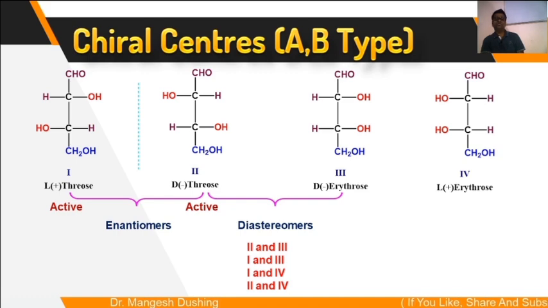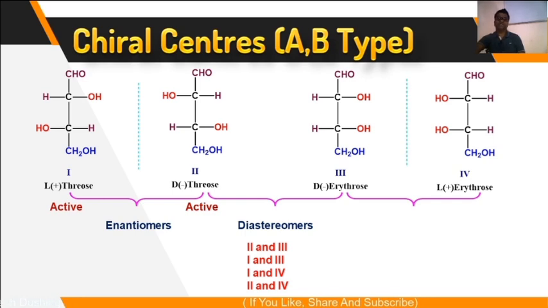Now we will compare the relation between compound number 3 and compound number 4. Are those mirror images? Yes, those compounds are mirror images of each other. CHO, CHO, OH reflects as OH, OH reflects as OH, CH2OH, CH2OH. So these 2 stereoisomers are mirror images of each other.